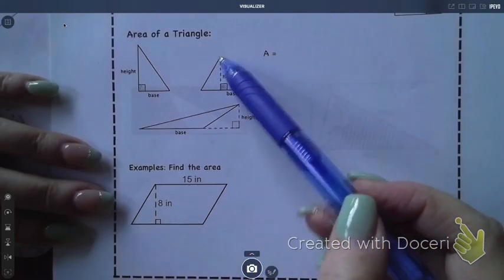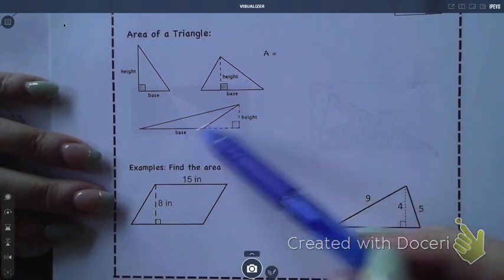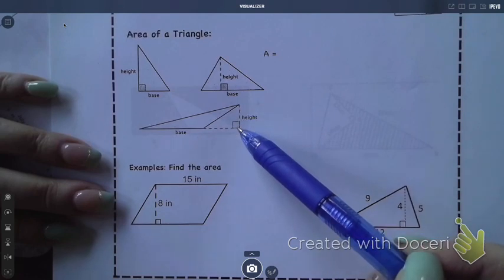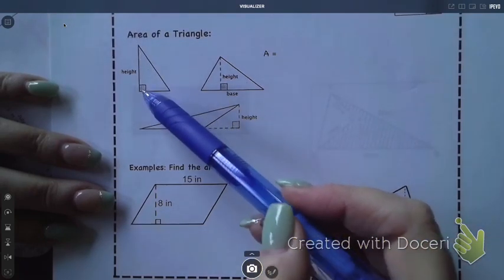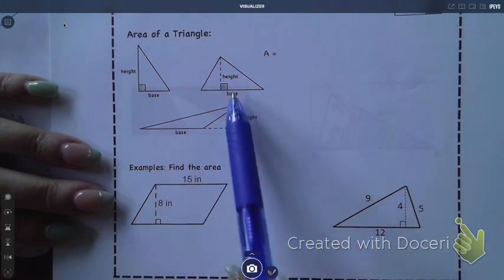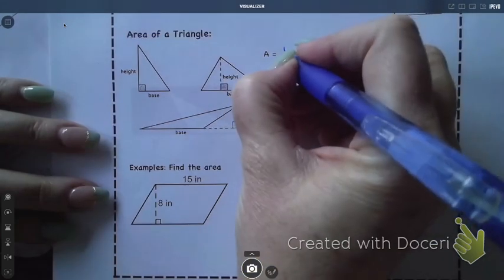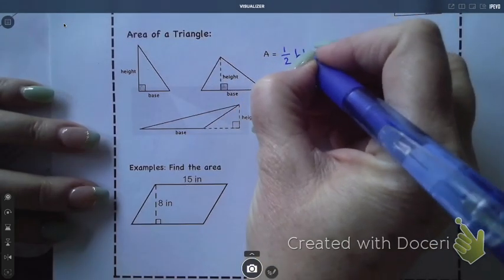Okay. The scalene triangle, the height is in the middle of the triangle. And the obtuse triangle, the height is where? Outside. But you notice that the height always makes a right angle with the what? With the base. Okay, so the area of a triangle is 1/2 base times height.